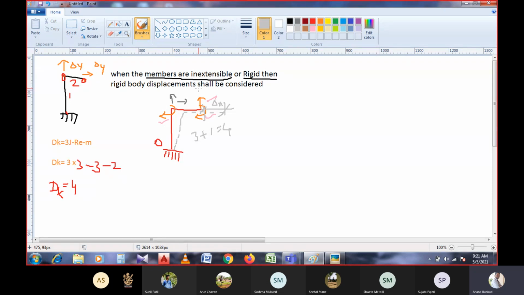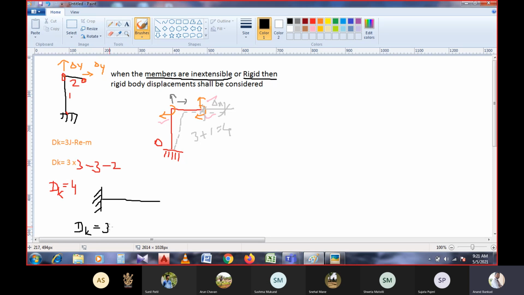So at the same time, if you consider a beam having the structure in this manner, right? So for the degree of kinematic indeterminacy, what would be the value here?